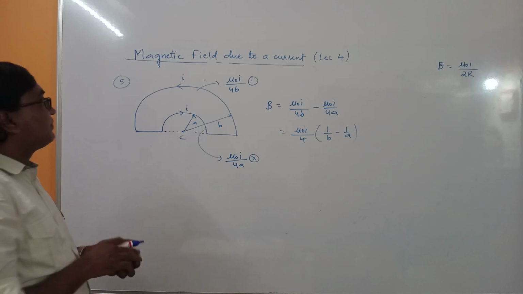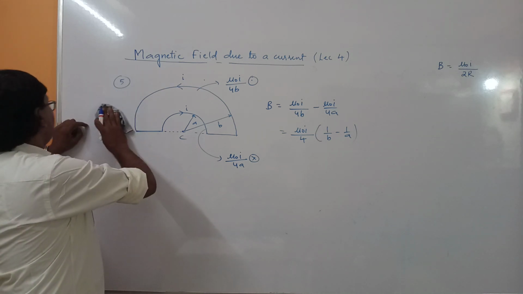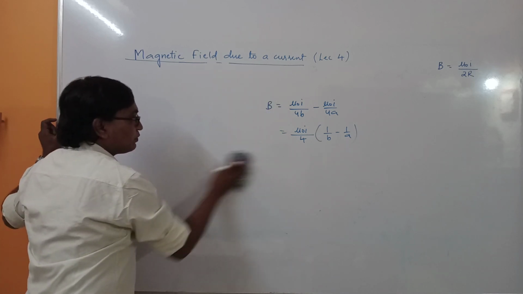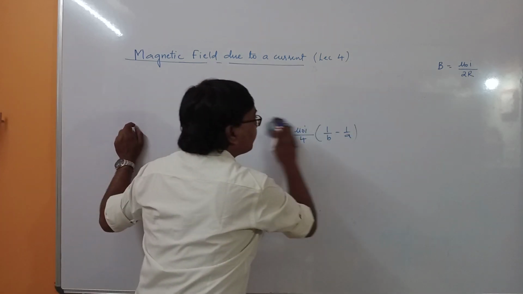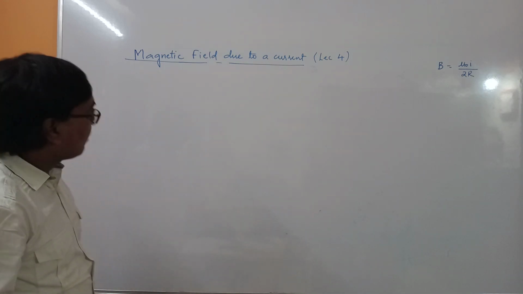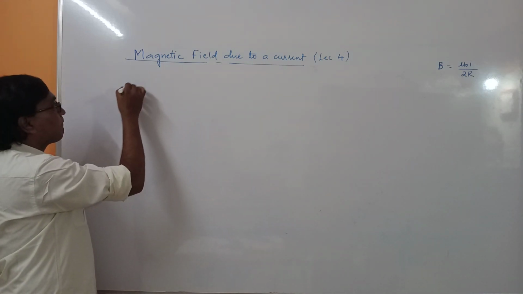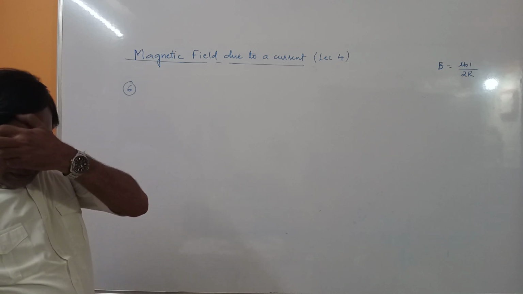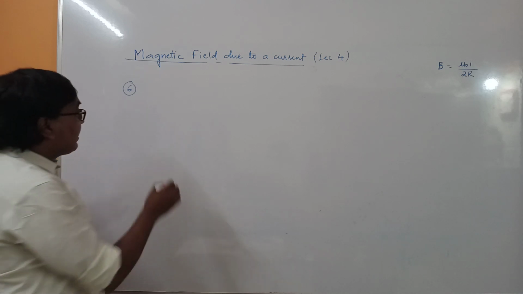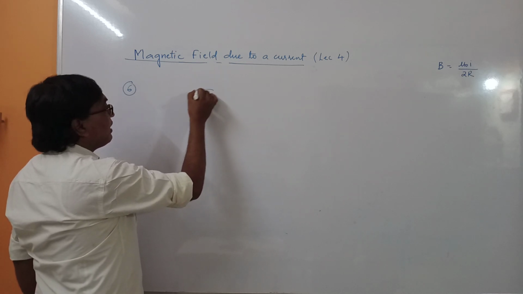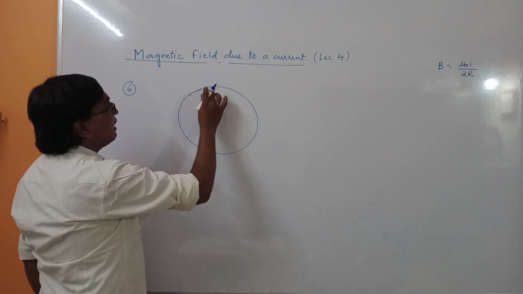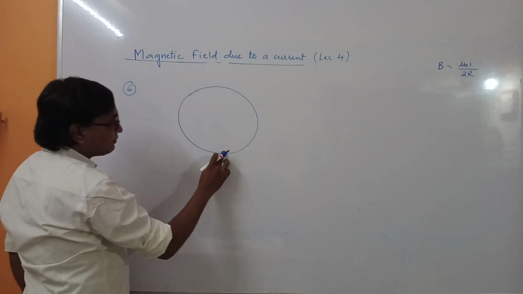So now next, 6th question. A circular loop carrying current. So we have a circular loop and semi-infinite wires.